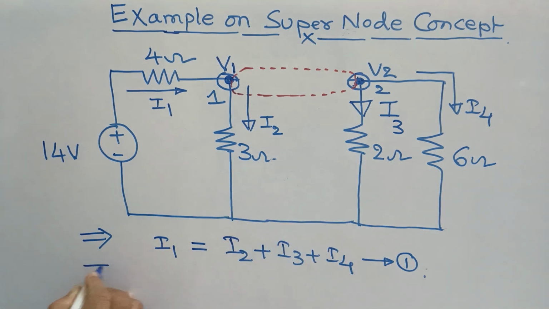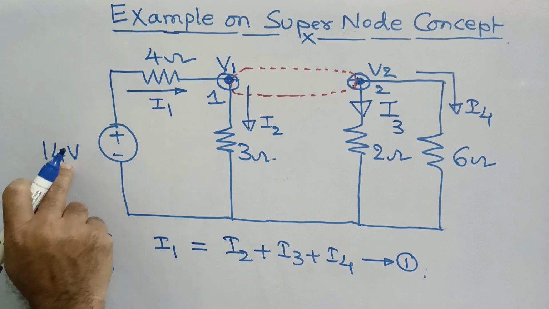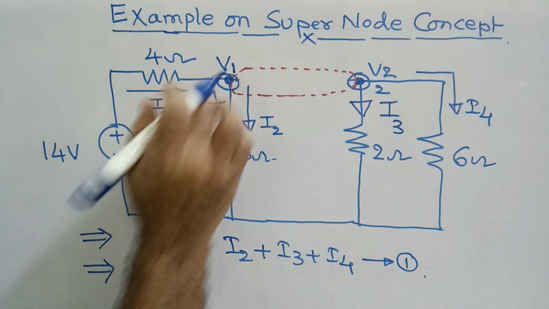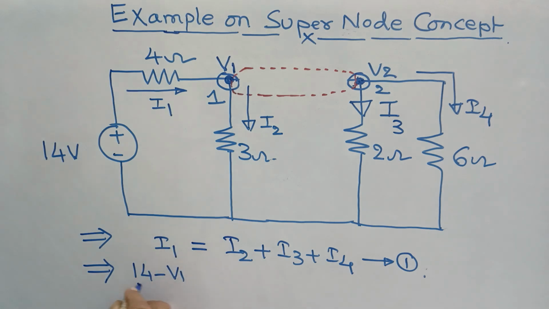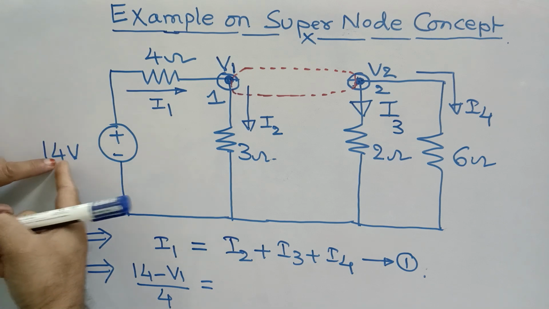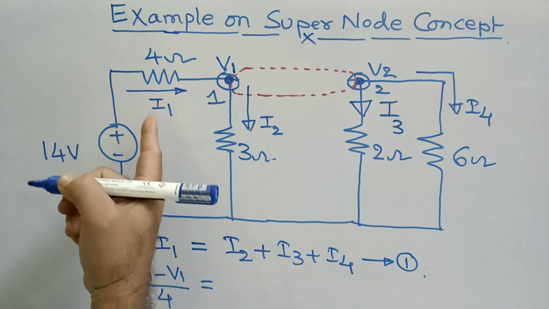And this implies, what is our I1? How can I1 be written? It is 14 minus V1 by 4 ohms. I1 is equal to the voltage difference, 14 minus V1, by 4.